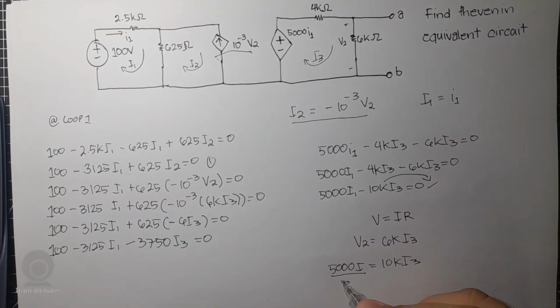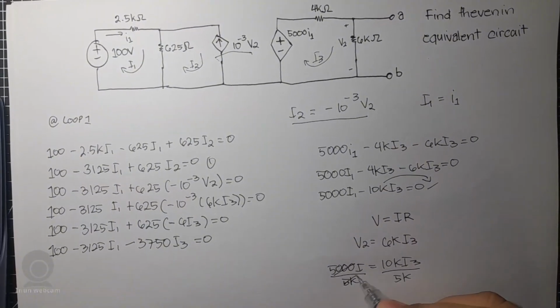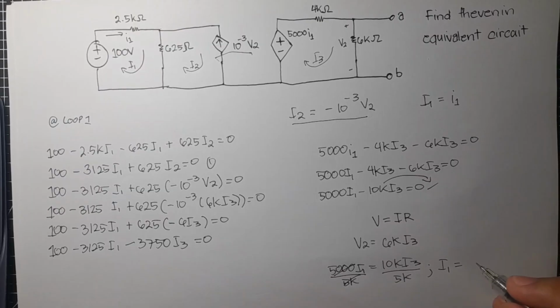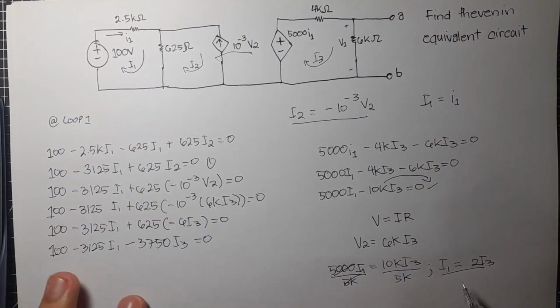Divide both sides by 5K. We'll have I1 equal to 10K divided by 5K, which is 2, so 2 I3. So we can now put this in this equation.